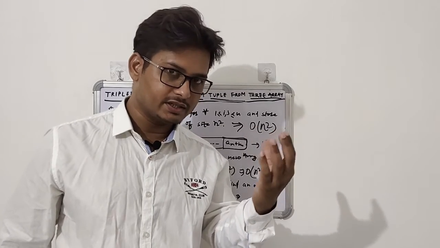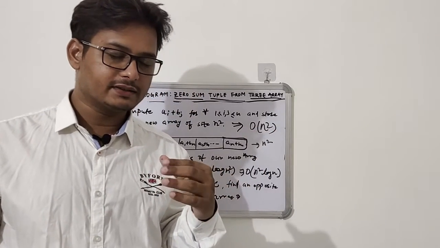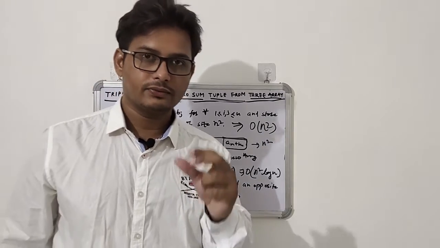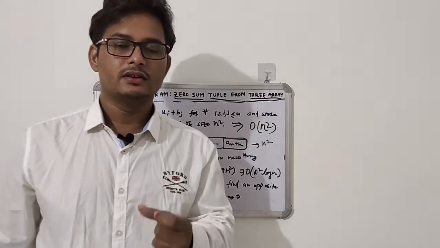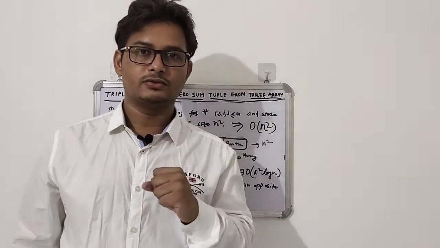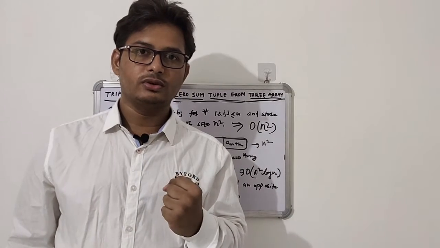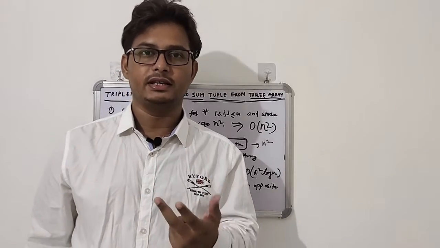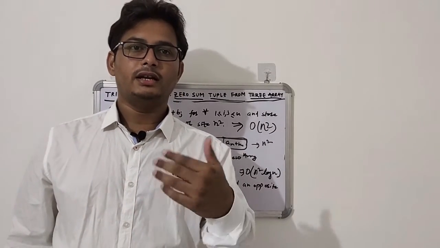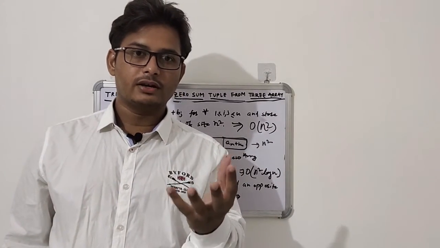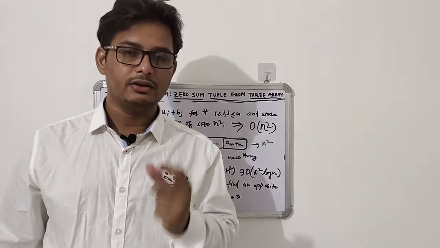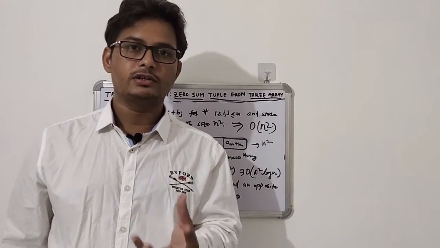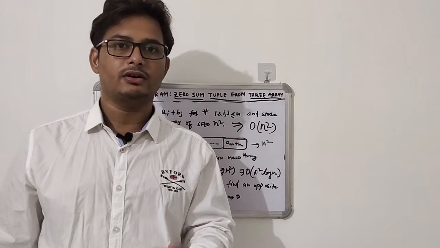Suppose our variable name is key, then key will be 2, and for 2 we search our new array for -2.